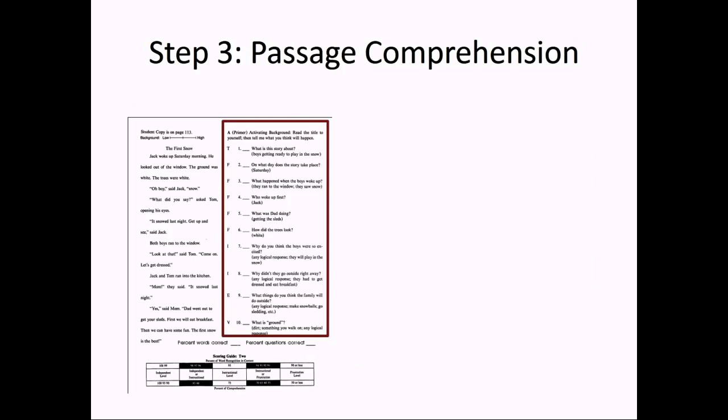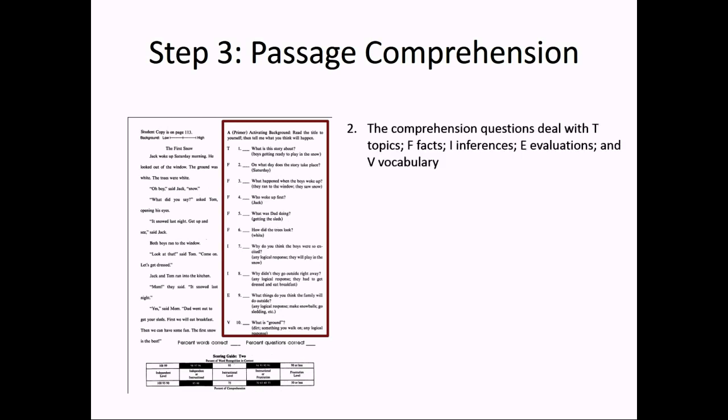All right, and then step 3, we're going to look at the comprehension. The comprehension questions deal with topics, facts, inferences, evaluations, and vocabulary, and you can see those little alphabetical letters indicating whether it's factual, evaluation, or vocabulary on the left of the comprehension section. There's the comprehension question with the suggested answers, acceptable answers below.